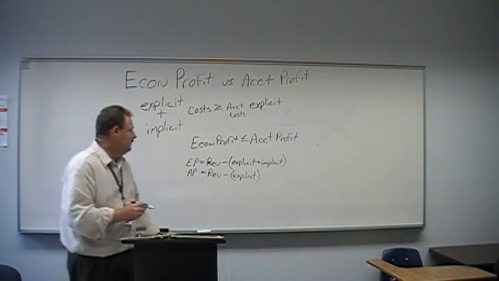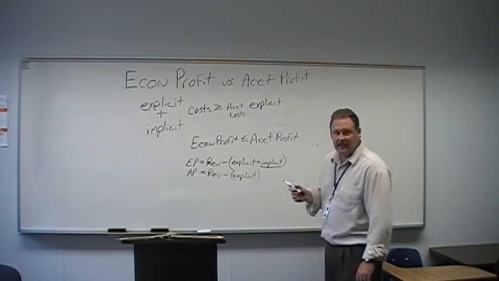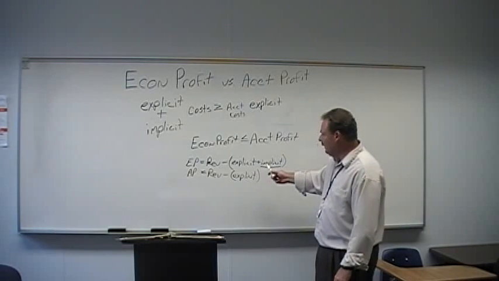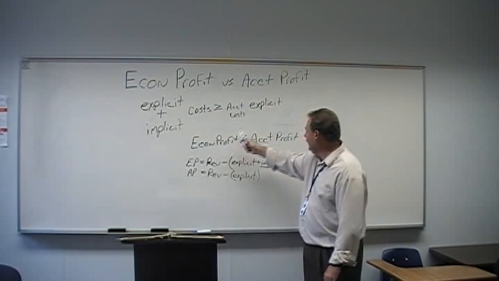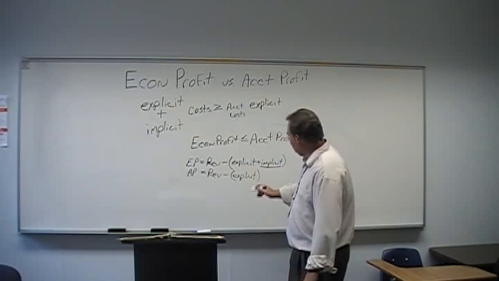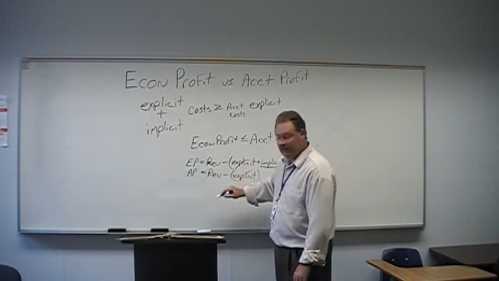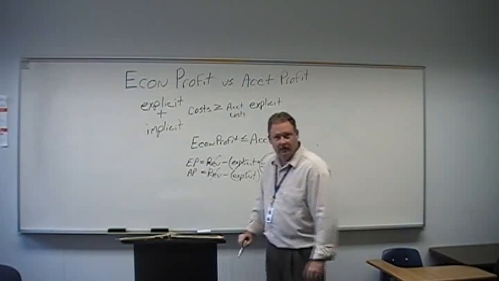So the difference comes in right here. Anytime there is an implicit cost, economic profits will actually be less than the accounting profit by that amount. Because if we look up here, the explicits will cancel out. The revenues are the same. The whole difference comes right there in the implicit.